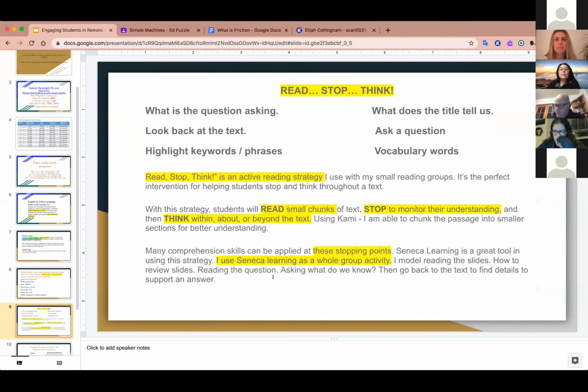One of the strategies that I want the children to really focus on is read, stop, and think. I teach them from the very beginning, what is the question asking? When they read a passage, what is the title telling us? Let's look back at the text, ask a question.